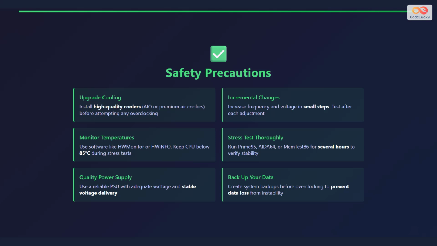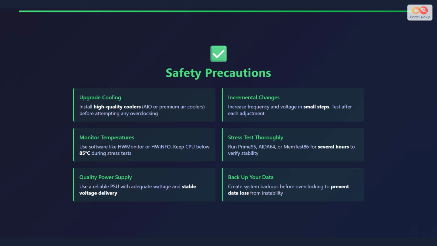To overclock safely, begin by upgrading your cooling system with a high-quality air cooler or liquid cooler before attempting any modifications. Make incremental changes to your settings, testing stability after each adjustment. This approach prevents catastrophic failures and helps identify problematic settings quickly. Continuously monitor temperatures using software like HWMonitor or HWiNFO, keeping your CPU below 85 degrees Celsius during stress testing.